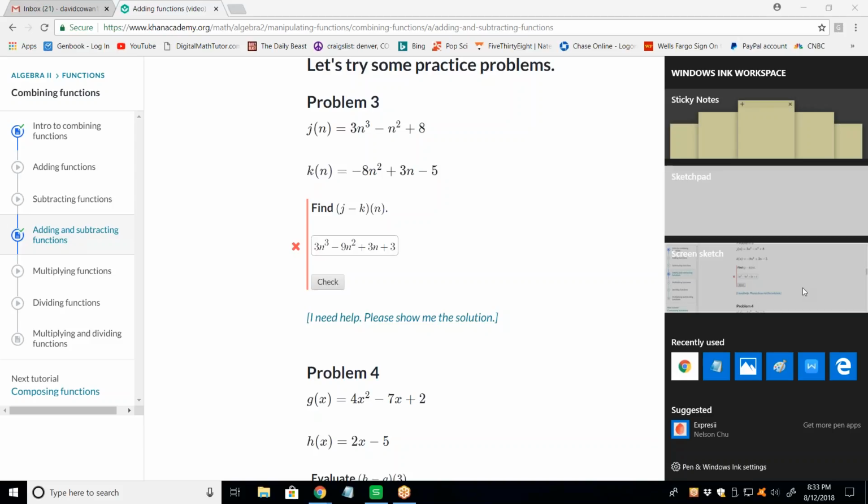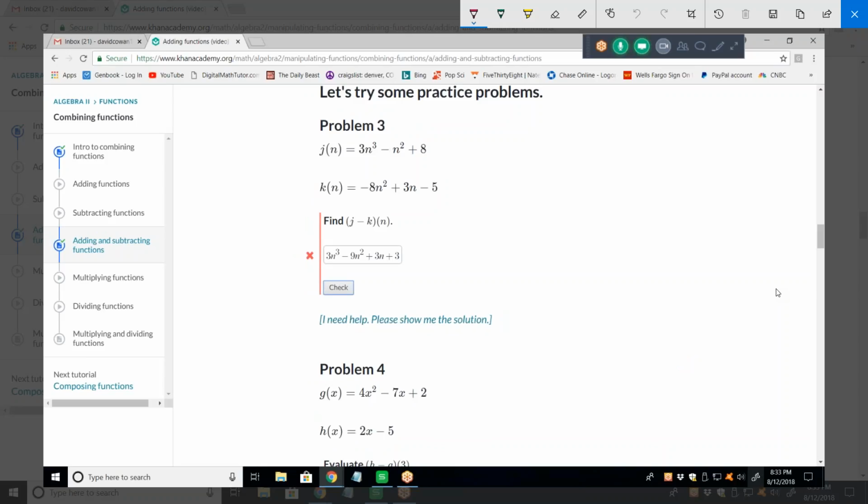Let me draw here. This is why I really emphasize those basic arithmetic skills, because that's all algebra is. I don't know if you've noticed it or not, but every single problem is just a series of multiplications, additions, subtractions, and sometimes divisions. Okay? So, here's what we have. First of all, I've got that minus however many n cubed we have.